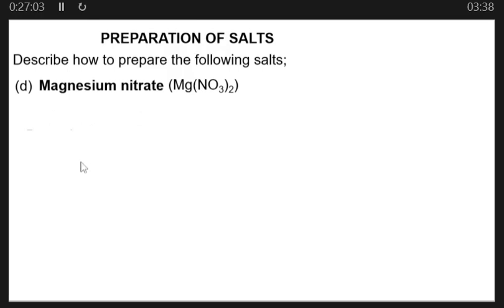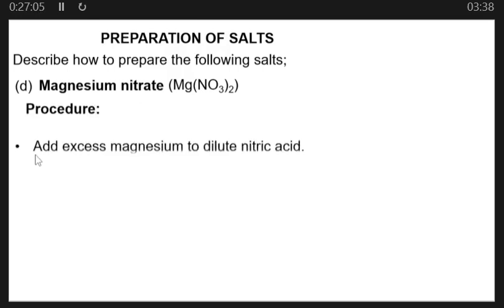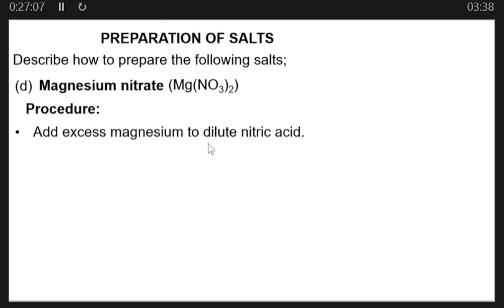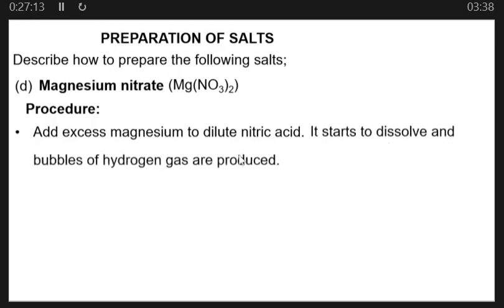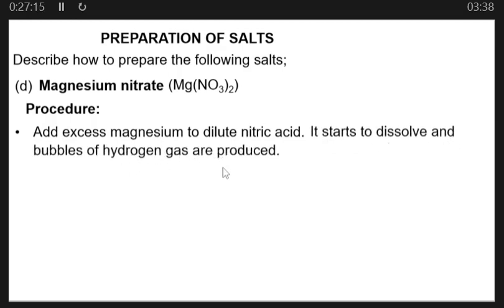You add excess magnesium to dilute nitric acid. It starts to dissolve and bubbles of hydrogen gas are produced. So the magnesium metal will dissolve in the acid and bubbles of hydrogen gas are produced.